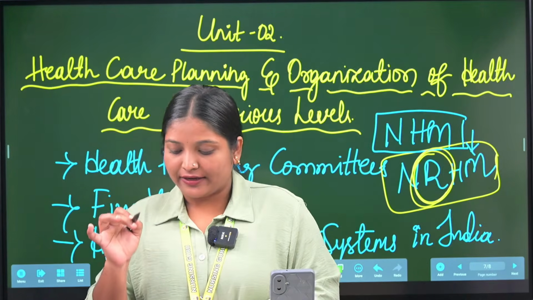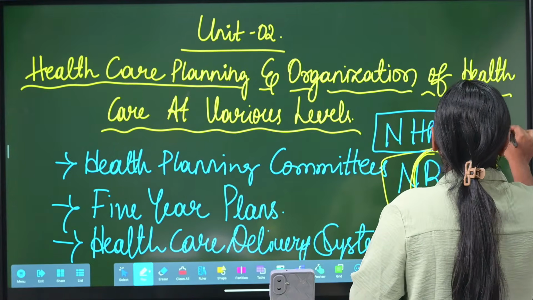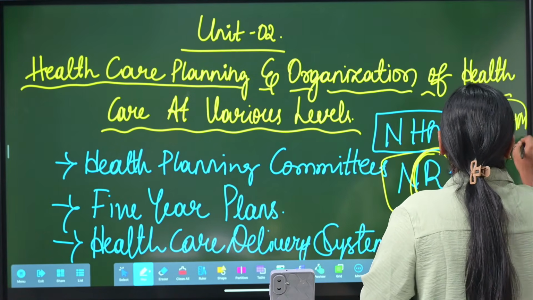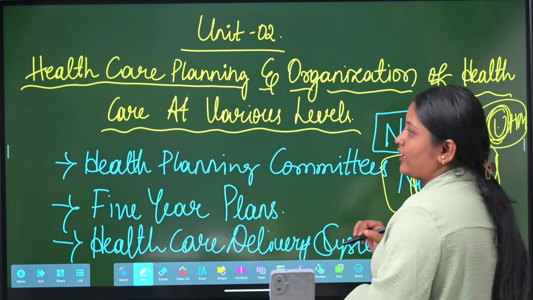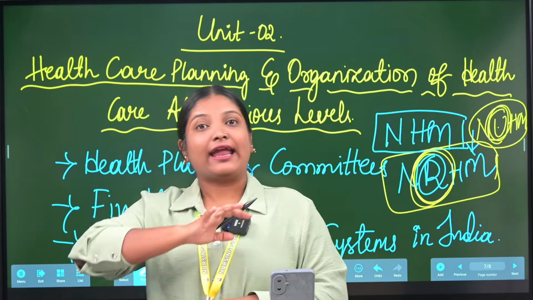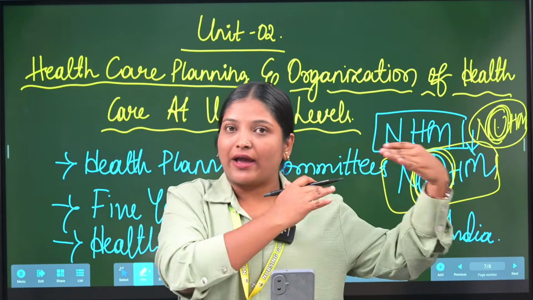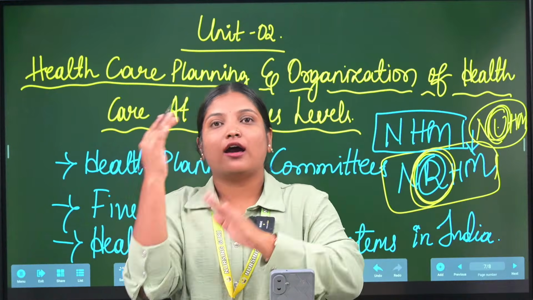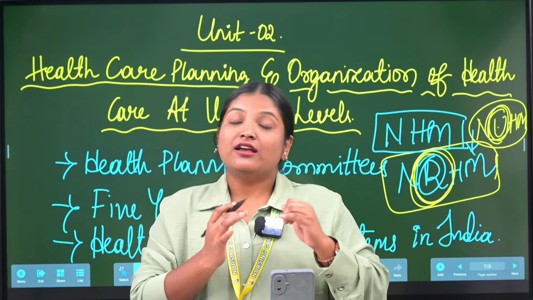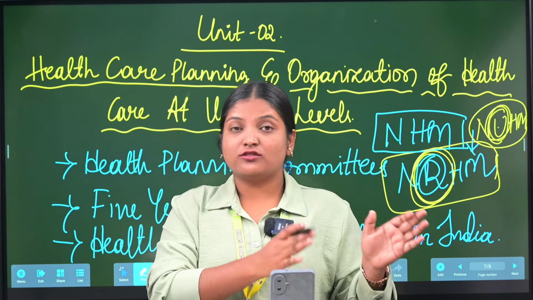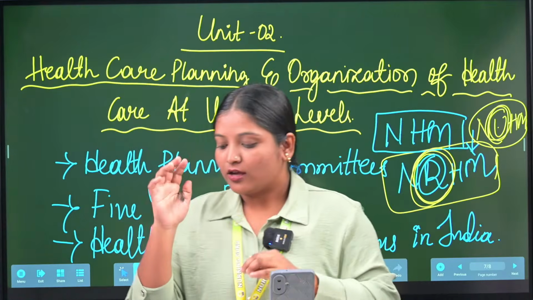National Urban Health Mission, NUHM. These three concepts you focus on. U means urban, R means rural. Only that difference is there, and their modalities and principles may vary comparatively between rural and urban. The facilitation of providing health care for the people has certain changes. So you have to compare and study both. That will make sure you get good marks. Okay, so that is over.